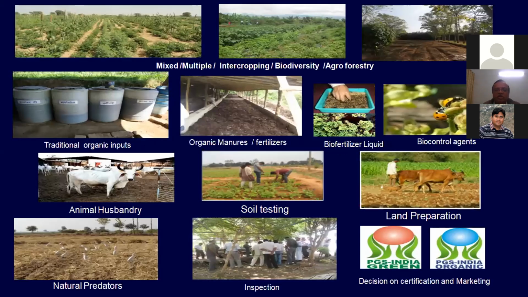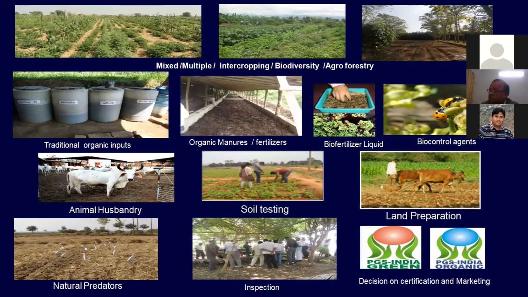Now we come to organic farming. Organic farming or natural farming. In India, organic farming is being called by many names: natural farming, zero budget farming, organic farming. So if we see, there are 4 or 5 steps of organic farming which need to be taken up.